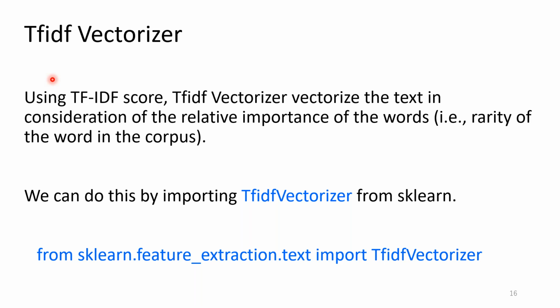To solve this problem, we can use the TfidfVectorizer from sklearn. This uses the tf-idf score to vectorize the text to consider the relative importance of the words. We can use the TfidfVectorizer using this import snippet.